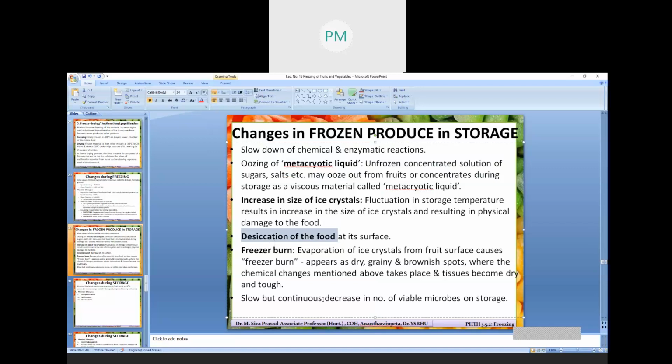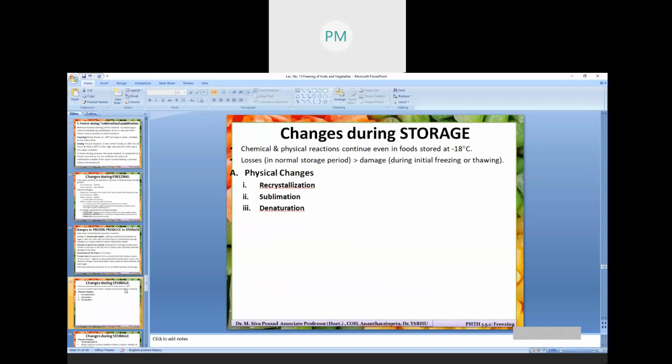And then one more change is a decrease in the number of viable microorganisms. So these are the various changes: a slow but continuous decrease in the number of viable microbes in a frozen produce. If you classify these changes during storage of frozen produce, you can classify them into physical changes and chemical changes.